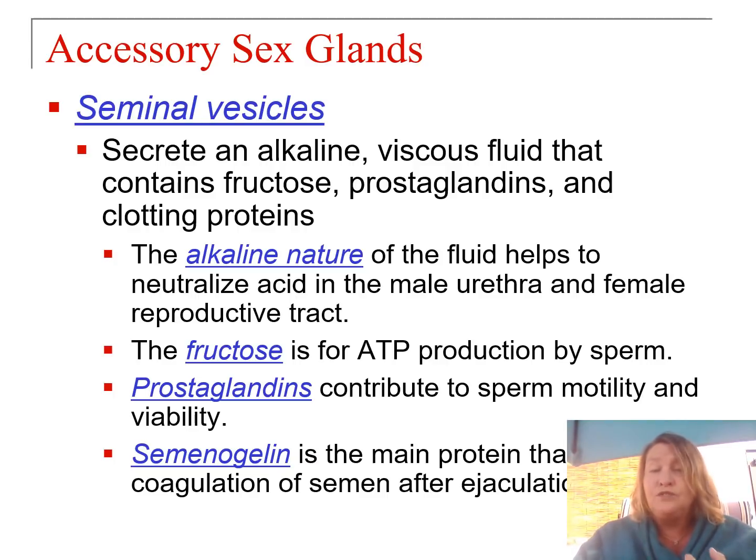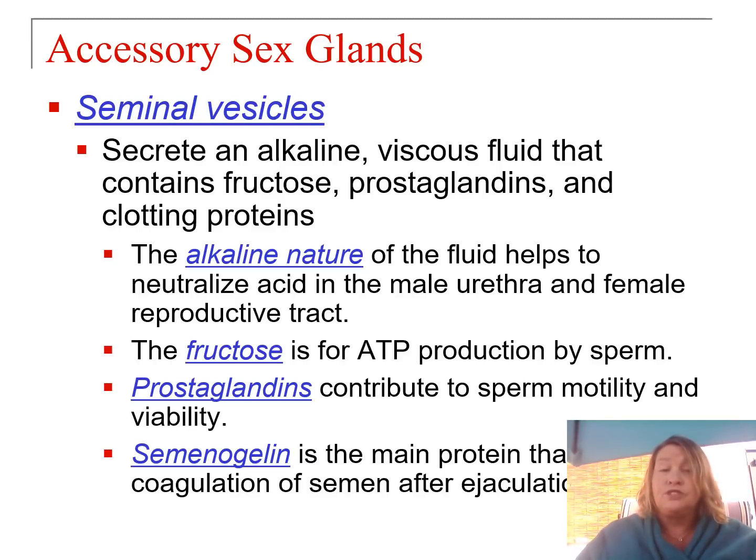It contains fructose, prostaglandins, and some clotting proteins. And the reason it's so basic is that it helps neutralize acid from the urine in the male urethra. It also, the vagina is slightly acidic, so it also helps neutralize that in the female reproductive tract.